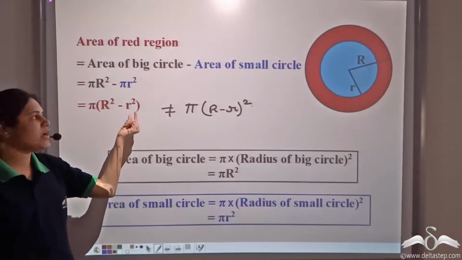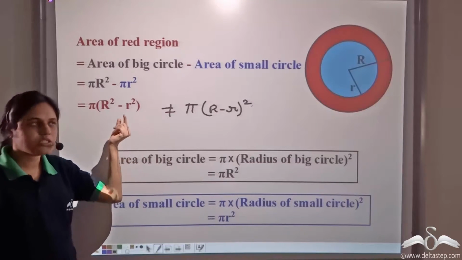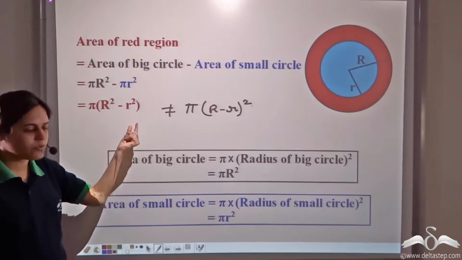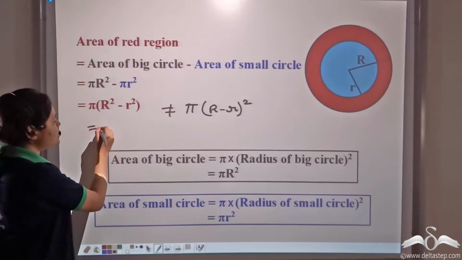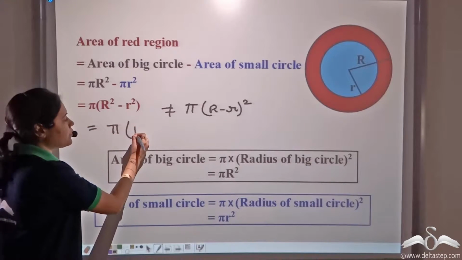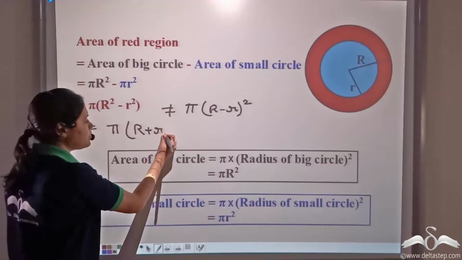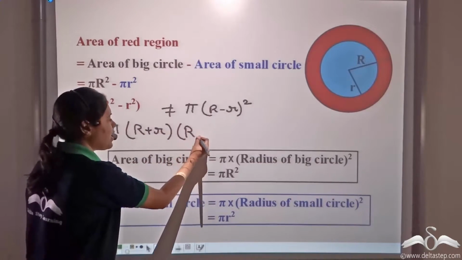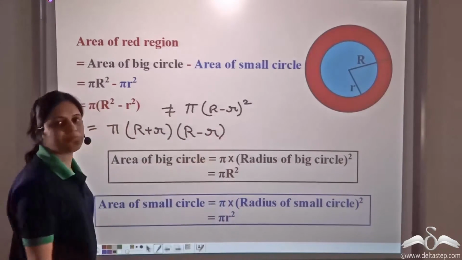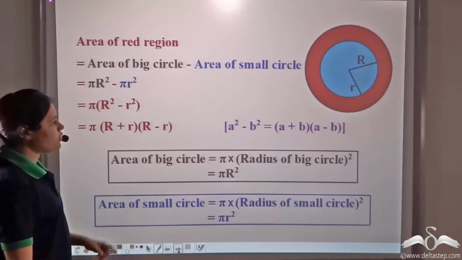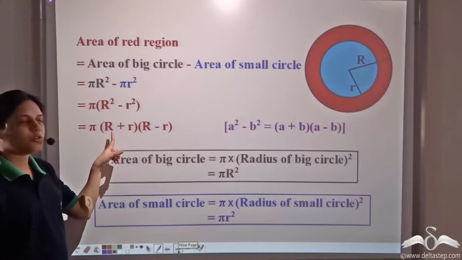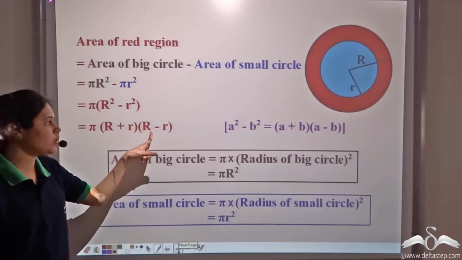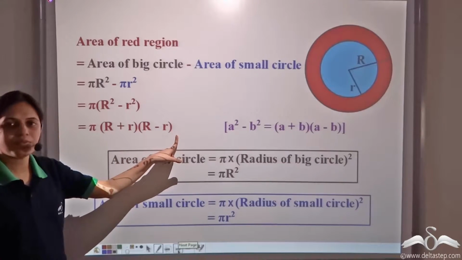Now we have R square minus r square, so we can use a square minus b square, and we can write this as pi into (R plus r) into (R minus r).